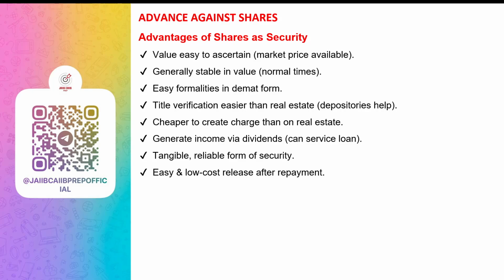Cost of charge creation is cheaper than the mortgage. Shares also generate income via dividend, which can be adjusted against the loan. Release is very quick, so it is easy to return shares after loan repayment.